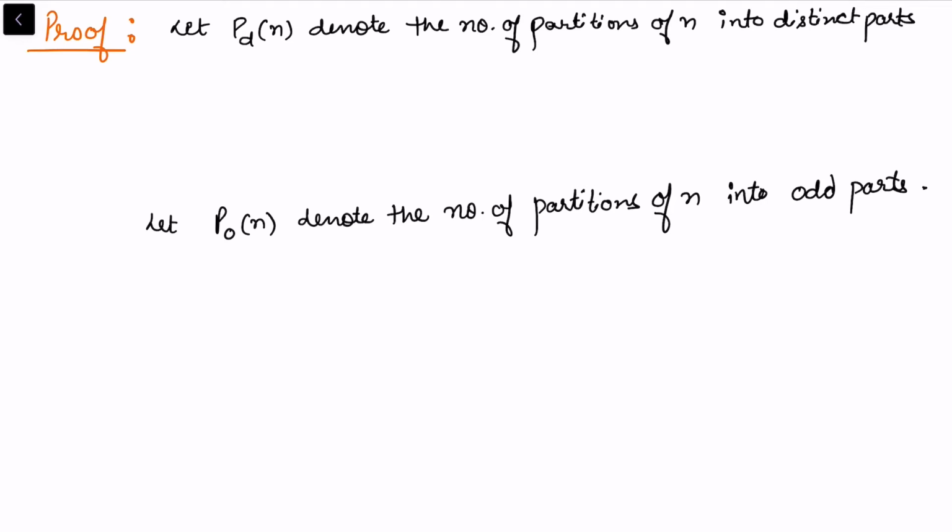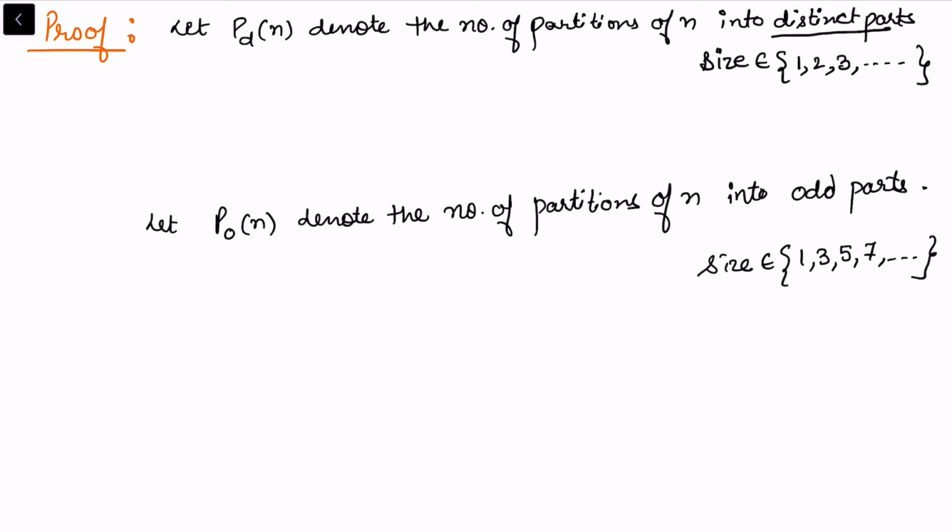So to understand this generating function, when we are saying into distinct parts, we notice that for the part sizes when we write a partition, there is no restriction on part sizes, except, so first let's understand its value. Part size can be 1, 2, 3 of course, but their multiplicity will be 1 or they may not appear, because we are saying the parts are distinct. While in odd parts, the size belongs to 1, 3, 5, 7 and so on, because we are considering odd parts.